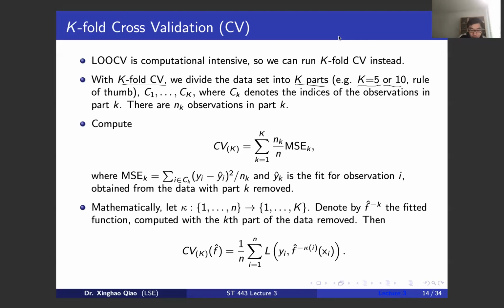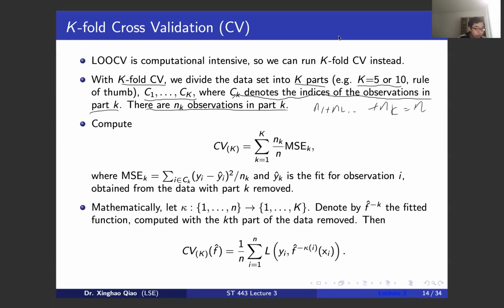We divide the data into C1 up to CK, where Ck denotes the indices of the observations in part k. There are nk observations in part k, and we have n1 plus n2, etc., plus nK equals n, which is the total number of observations.